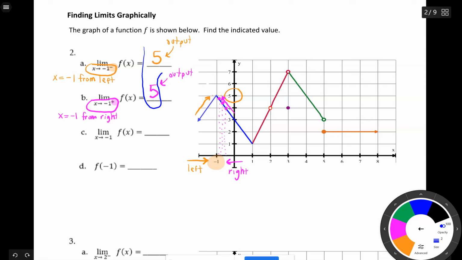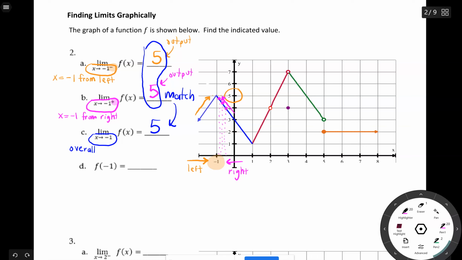So these guys match. Since they match, I can say that the overall limit, no plus or minus, this is overall. So the overall limit is just going to be a 5. And then it just so happens when I actually look at the graph here, when I actually look at x equals -1, if I focus in on that, see how there's not a hole?